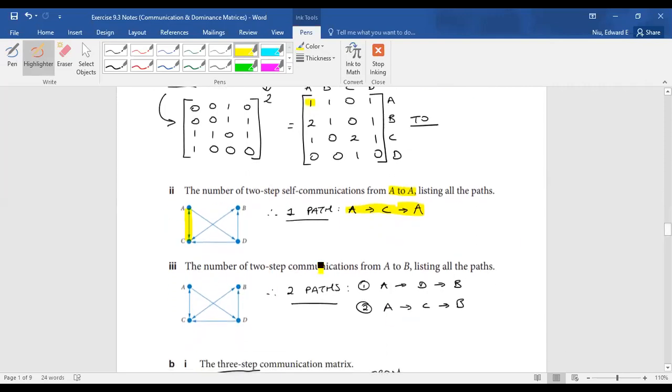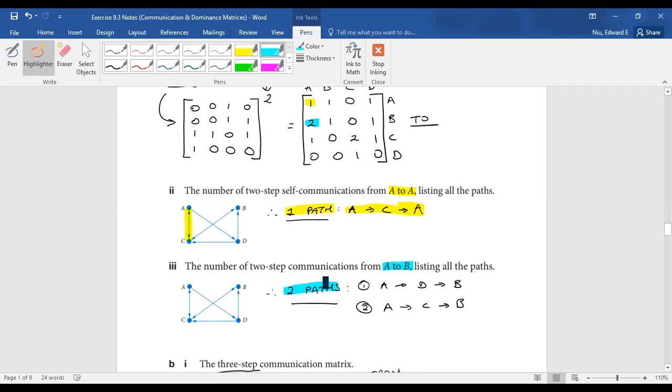The number of 2-step communications from A to B. So from A to B, we've got 2. And that's how we got the 2 paths. Let's just highlight this. Remember, the question says for us to list the path as well.